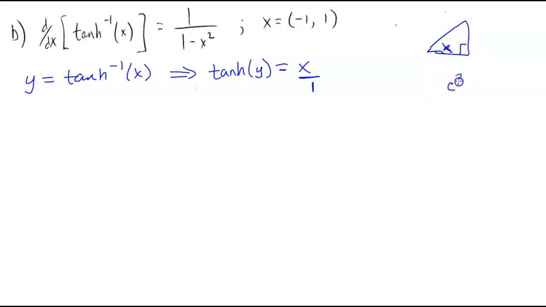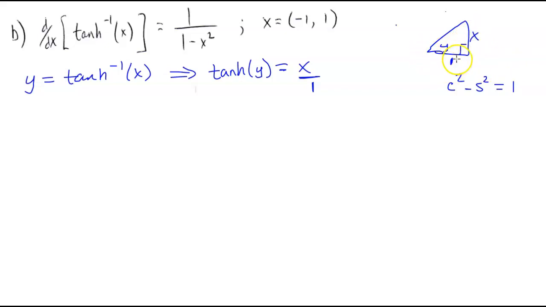We remember that cosine hyperbolic squared minus sine hyperbolic squared is equal to 1, but we have the relationships of tangent and all this stuff be the same. We know that tangent is just opposite over adjacent. Here, let's switch this because I put x here. It's actually y, because that's the argument that's inside of there.